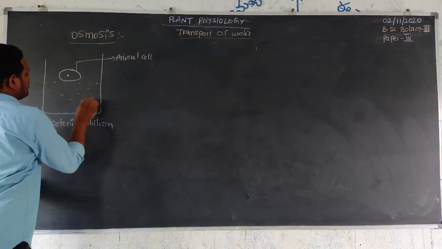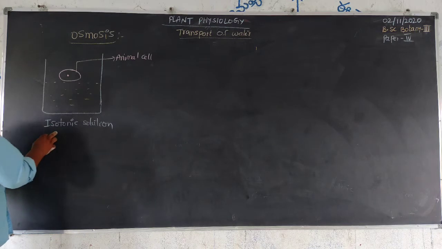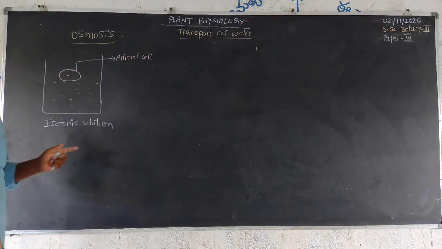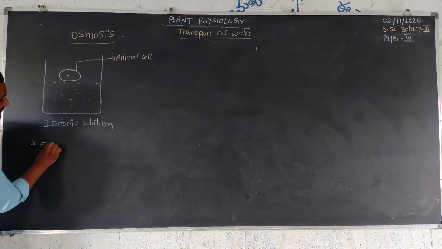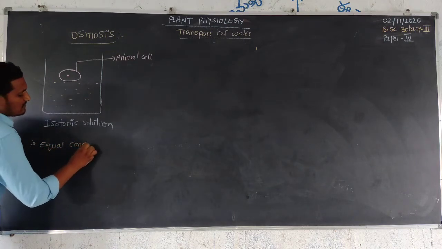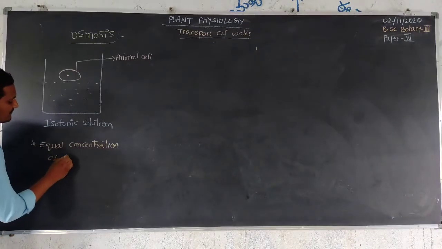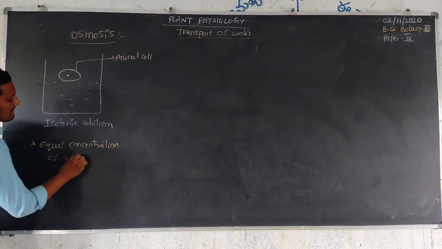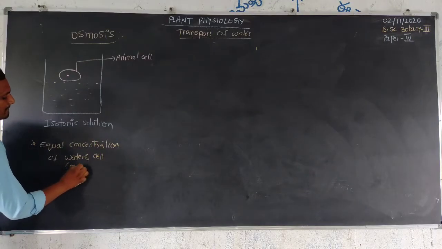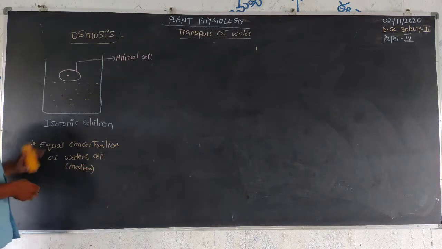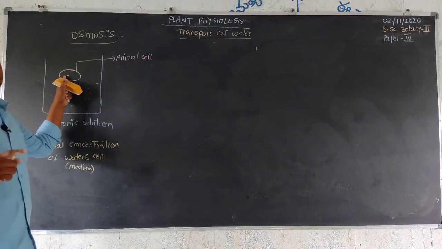Isotonic solution contains the same, equal concentration. It means equal concentration of water and cell, medium and cell. So in this medium and inside the cell, they have the same concentration.